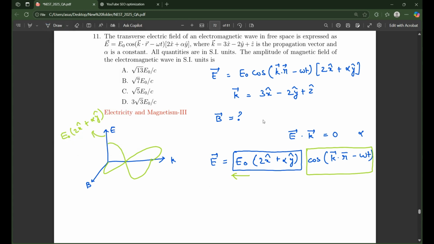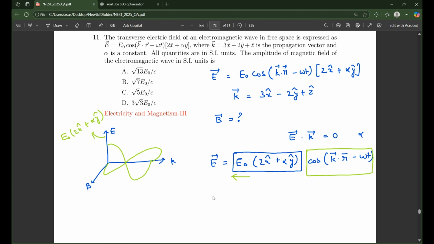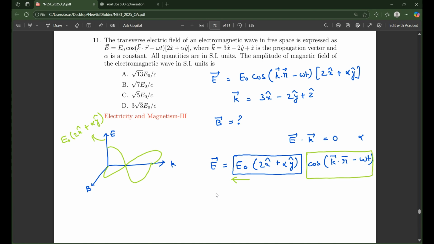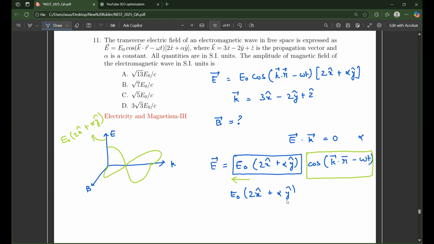Now, next we know that E dot k is equal to 0. That means this vector and this vector dot product must be equal to 0. That means E naught (2x cap plus alpha y cap) dot (3x cap minus 2y cap plus z cap) equals 0.